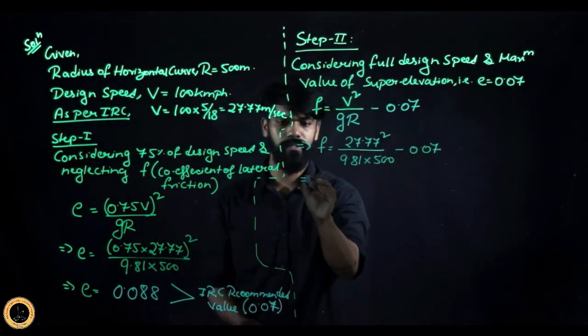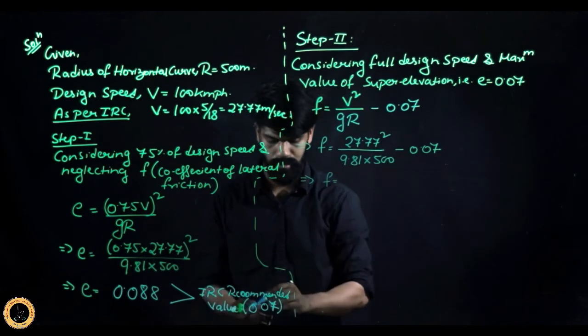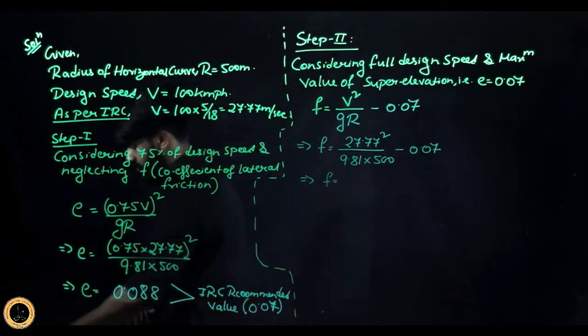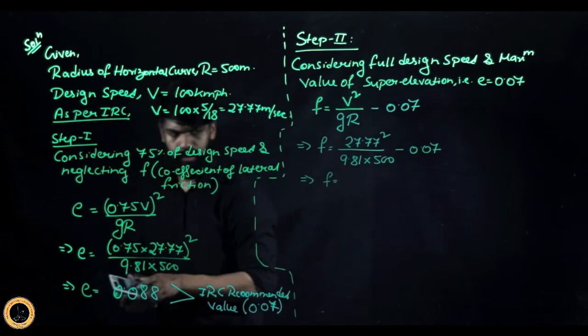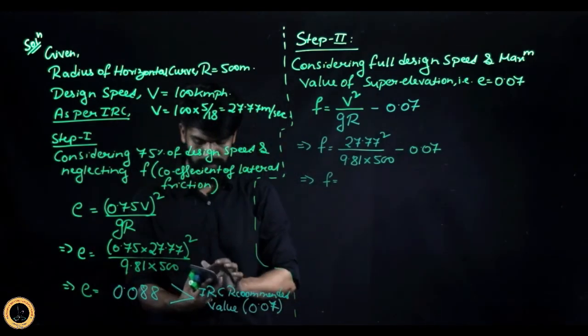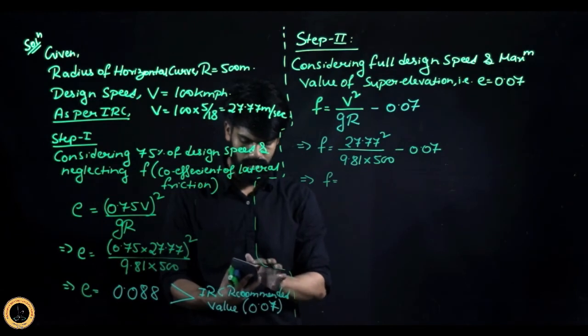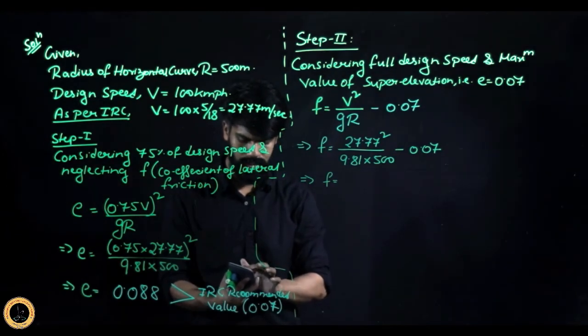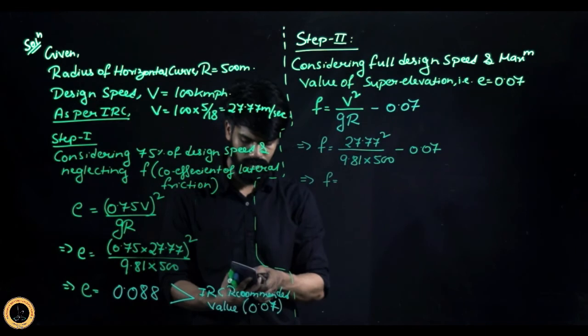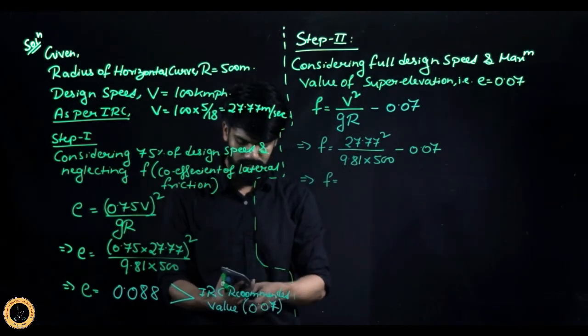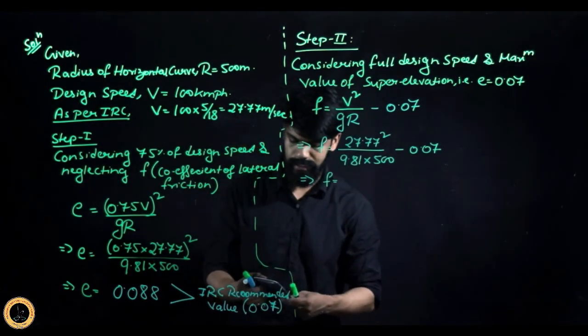If you solve this, I can find the value of F. So 27.77 square divided by G into R, minus 0.07. Not 0.088, sorry, 0.07. So this gives a value of 0.0872.